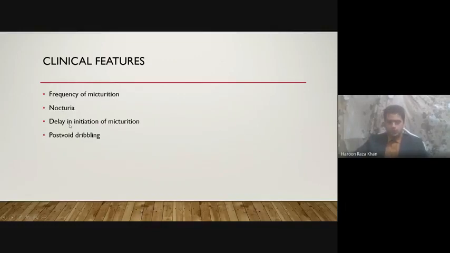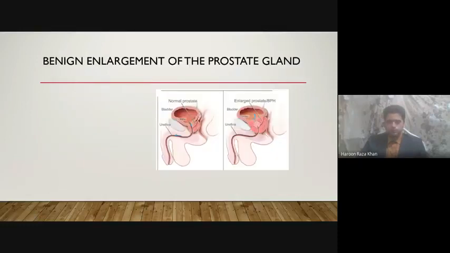There's also delay in initiation of micturition. Individuals have difficulty in starting micturition due to the block, as you can see in this image. BPH, benign prostate hyperplasia, has led to hindering of the flow. You can imagine the normal flow here and how the flow is obstructed over here.